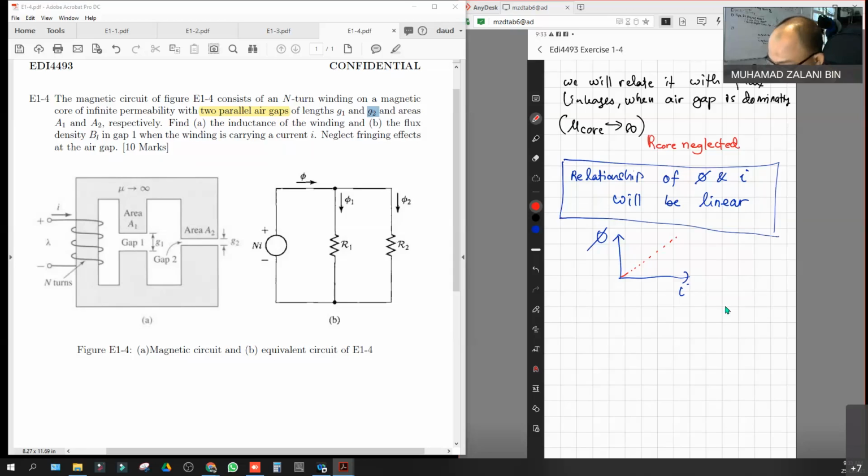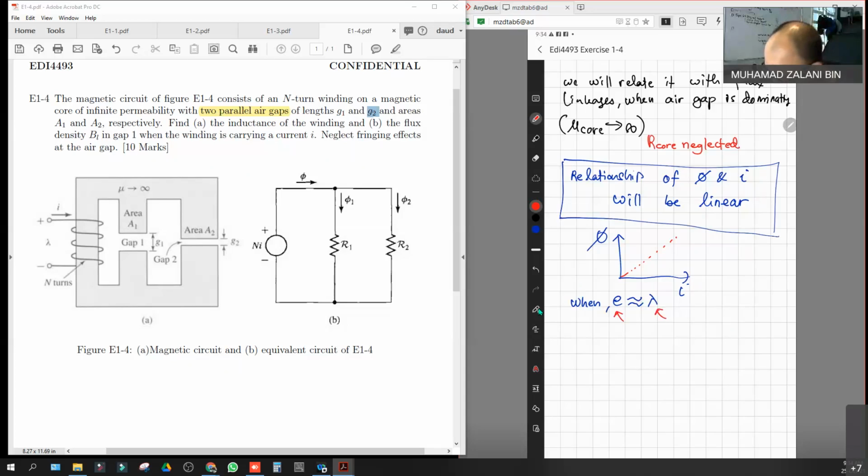So we have to write down some equation to relate this. Actually, when phi and I is linear, meaning that in this case E is equal to lambda, which is flux linkages.